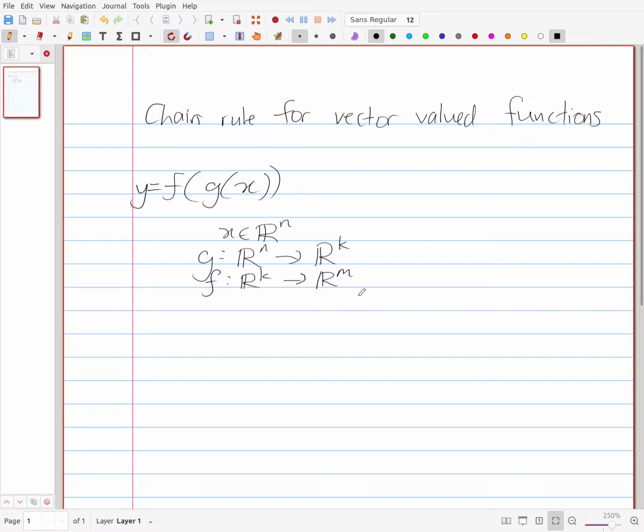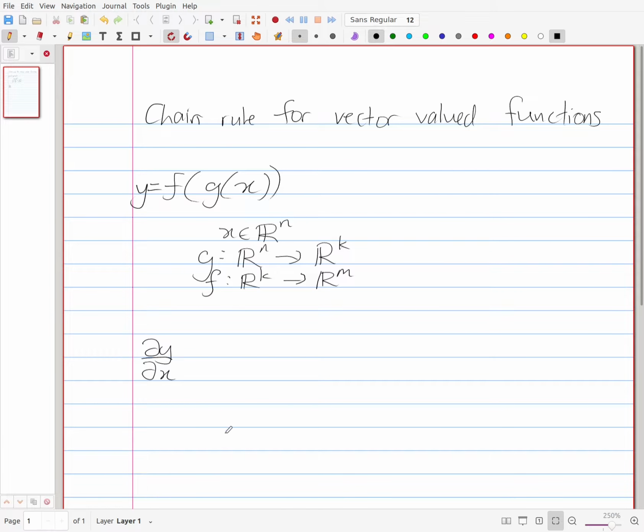And we're going to look at the derivative of this vector y with respect to the vector x. Now, what do I mean by the derivative of y, which is a vector, with respect to the vector x?